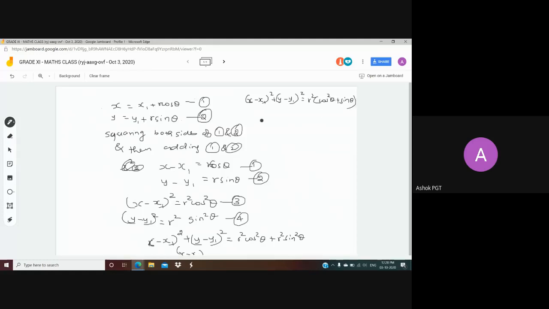So r square is equal to x minus x1 whole square plus y minus y1 whole square, and r is equal to the square root of x minus x1 whole square plus y minus y1 whole square. Based on this right hand side, I can say r is the distance between x comma y and x1 y1, because that is the distance formula.